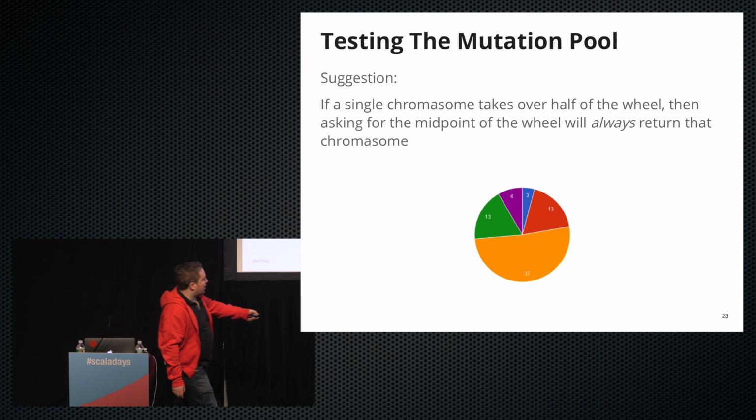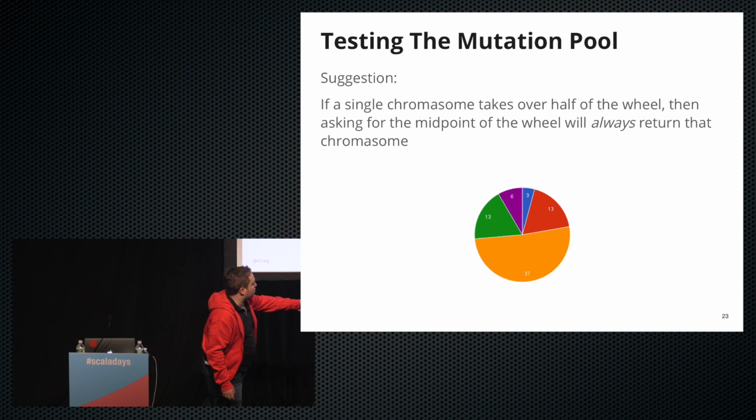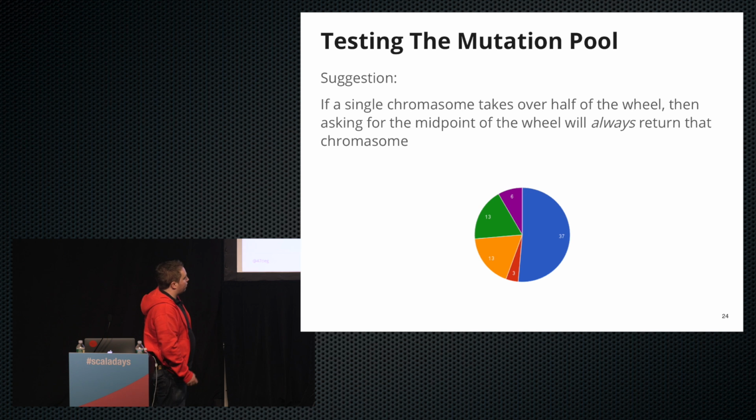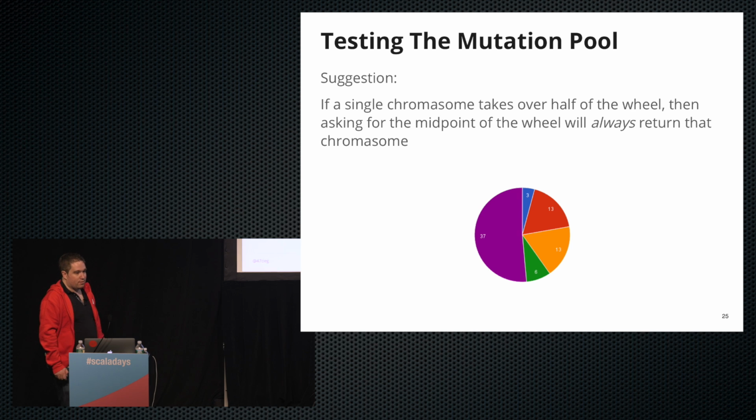So if we imagine the 6 o'clock on this wheel is halfway, when we've got a chromosome that takes over half the wheel, wherever we look at it, it's always going to be that one. And I think that's a fair property.